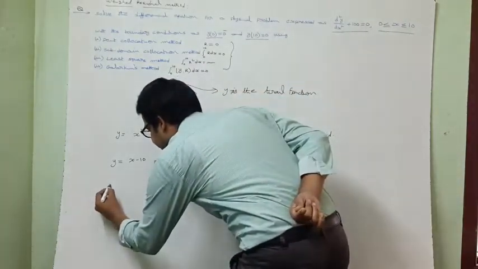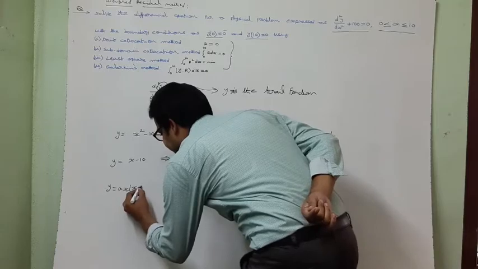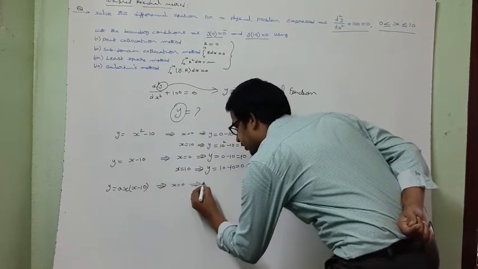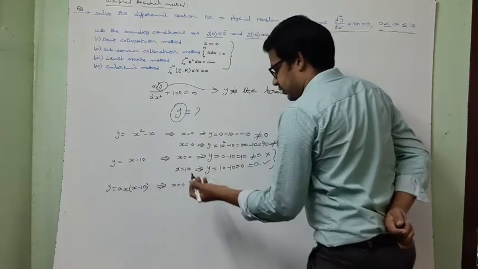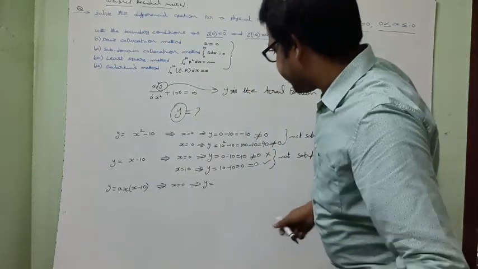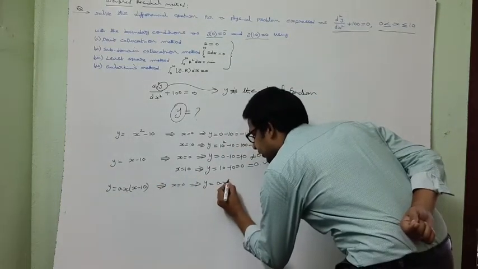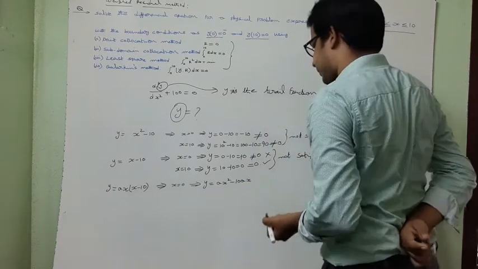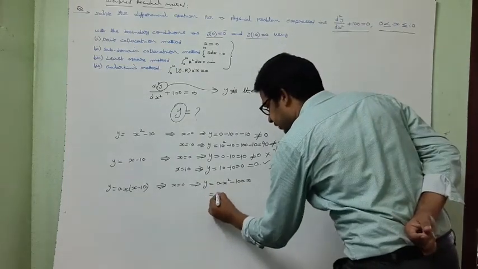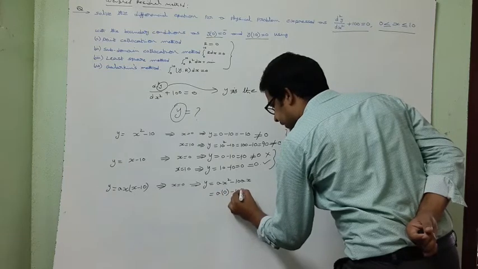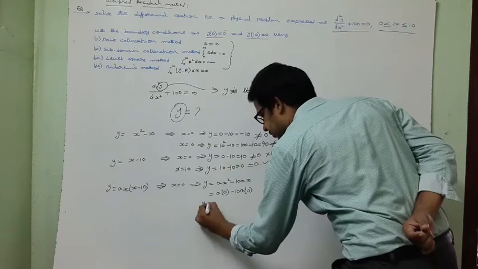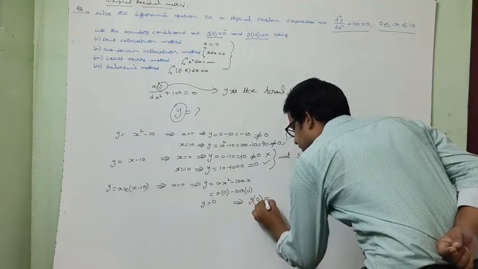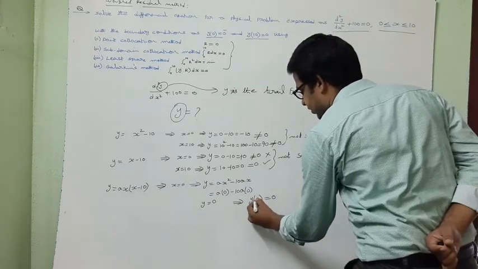Coming to the next one: y = a x (x − 10), which is a x² − 10 a x. For x = 0, y = a·0 − 10·a·0 = 0, so y(0) = 0.